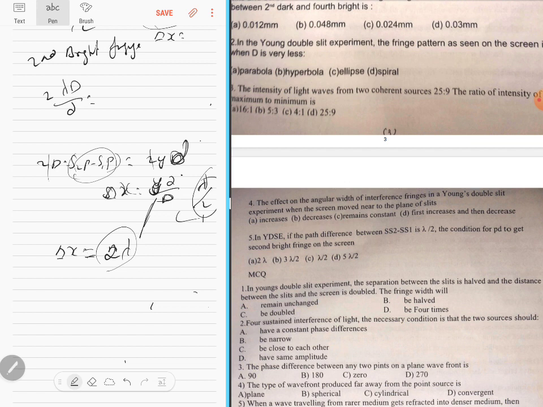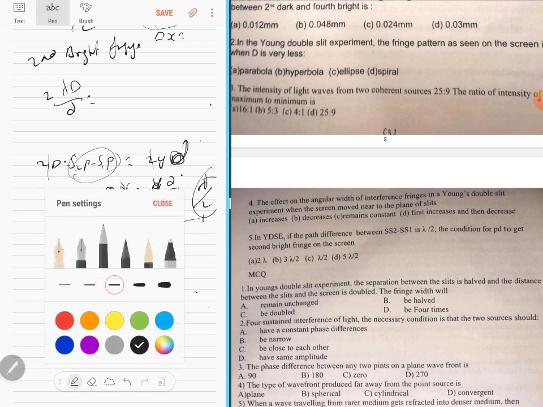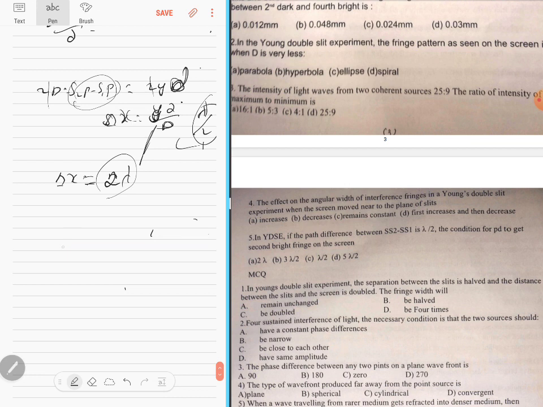The condition for getting the second bright fringe on the screen. If the question was about getting a dark fringe on the screen, then I can equate 2n minus 1 by 2 into lambda to lambda by 2, where lambda gets cancelled, 2 and 2 get cancelled, 2n minus 1 is equal to 1, 2n is equal to 2, so n is equal to 1. You'll get a proper number.